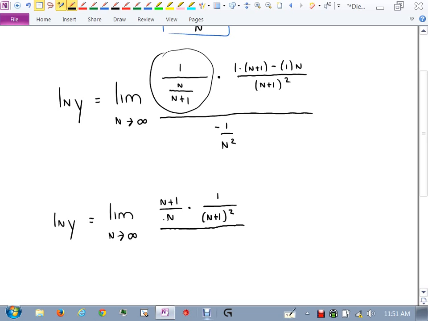Can I just bring that up? Is that all right if I just flip it and bring it up here like this? So I rewrote this as this, I rewrote this as this, and then I brought this one and flipped it up. What happens here?